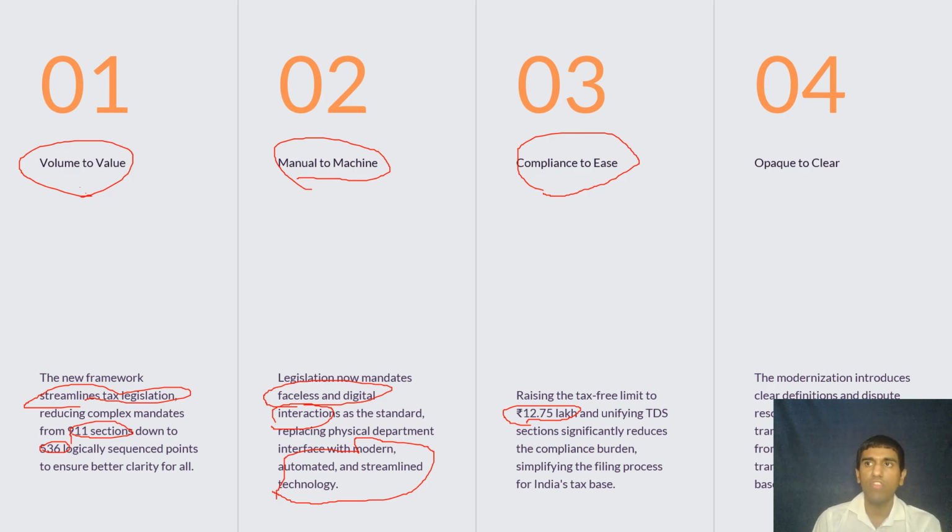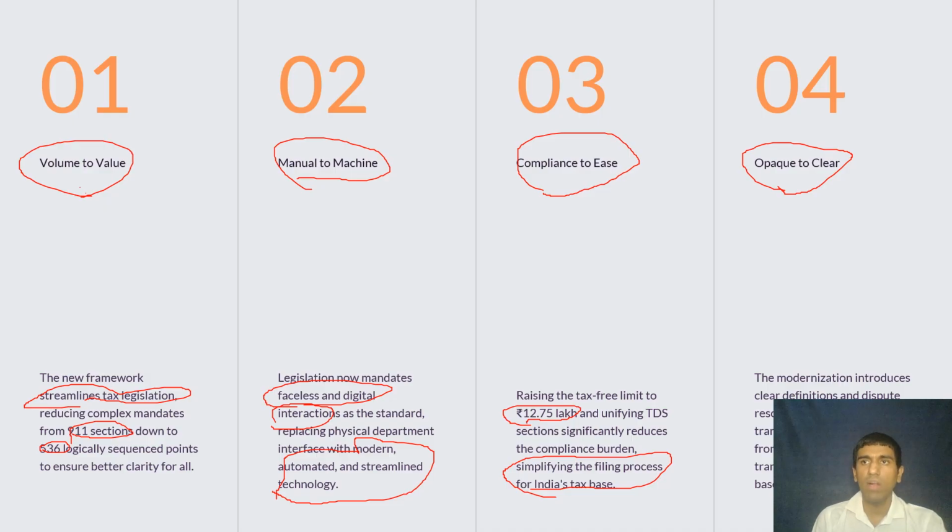That way there is no confusion about multiple sections applying to transactions. Only one section applies now. So the filing process for India's tax base has been simplified.